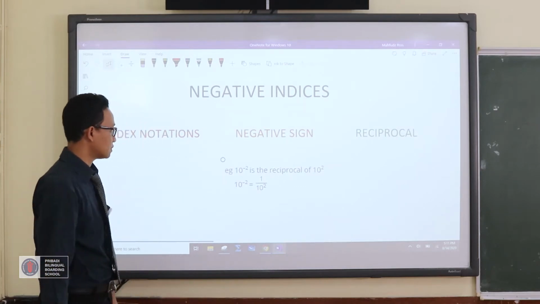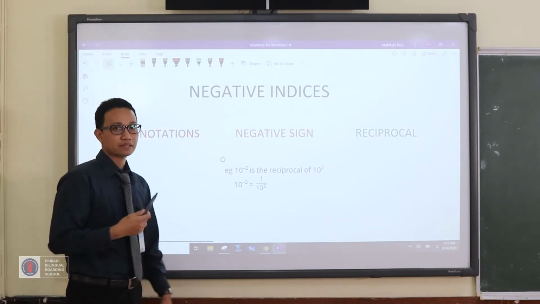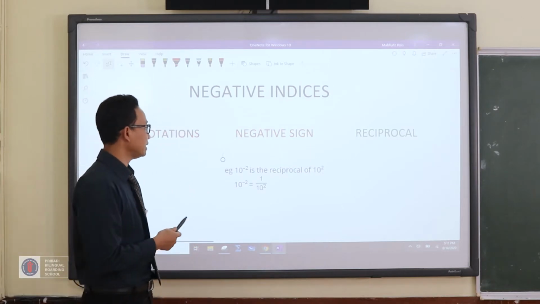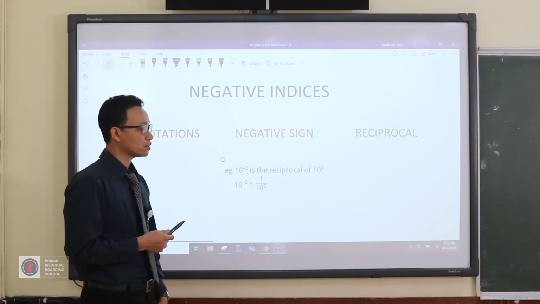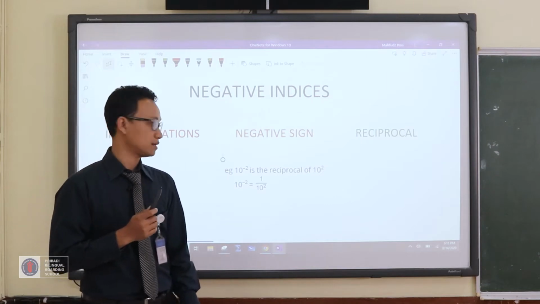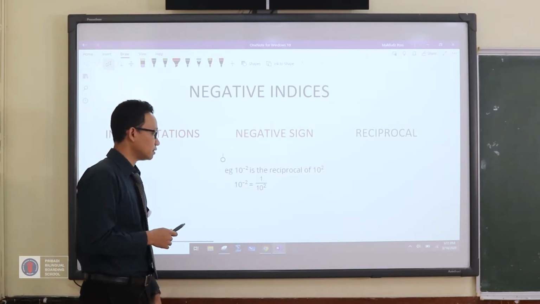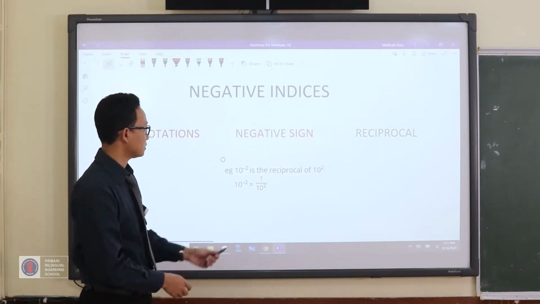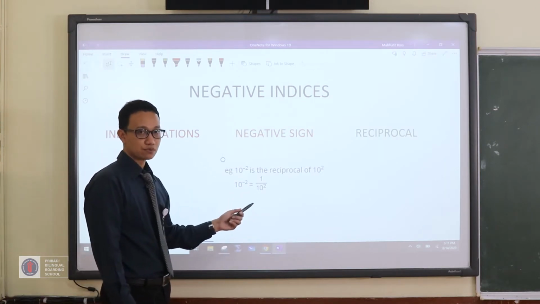Okay, so an example here. If you have 10 to the minus 2 power, it means the reciprocal of 10 squared. Or we can rewrite it as 10 to the minus 2 equals 1 over 10 squared.